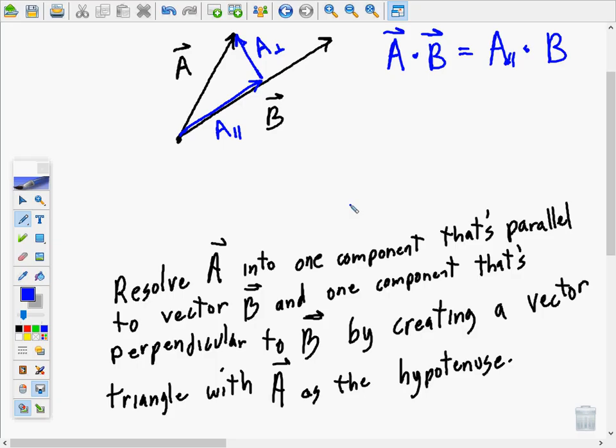So I want to draw you 3 scenarios, and I want to ask you, in which scenario would the dot product of the vectors be the greatest?